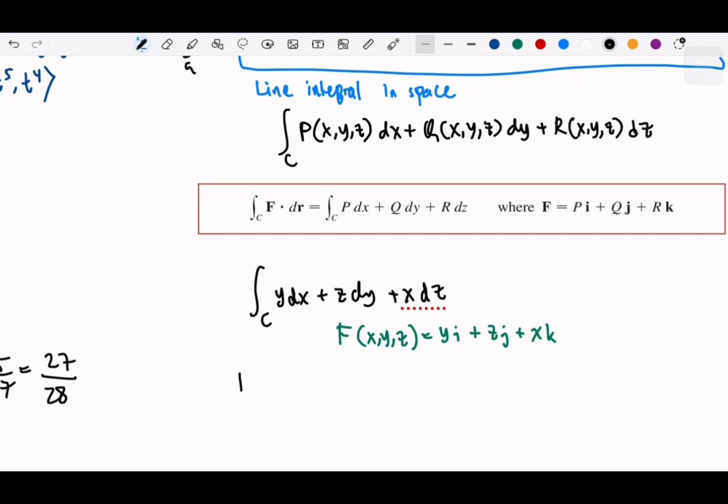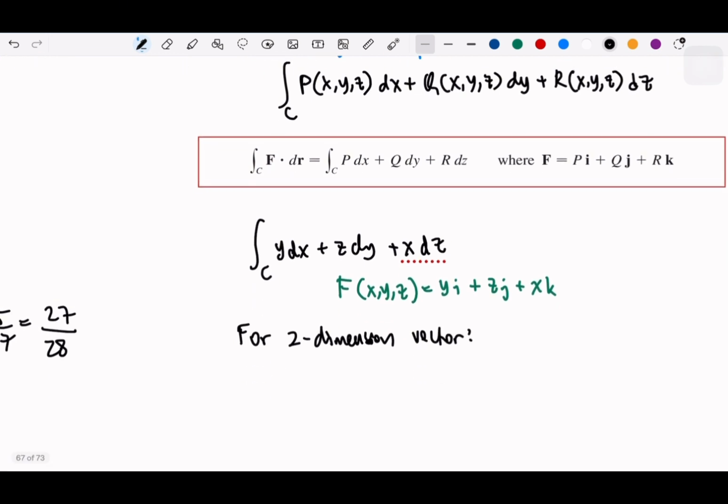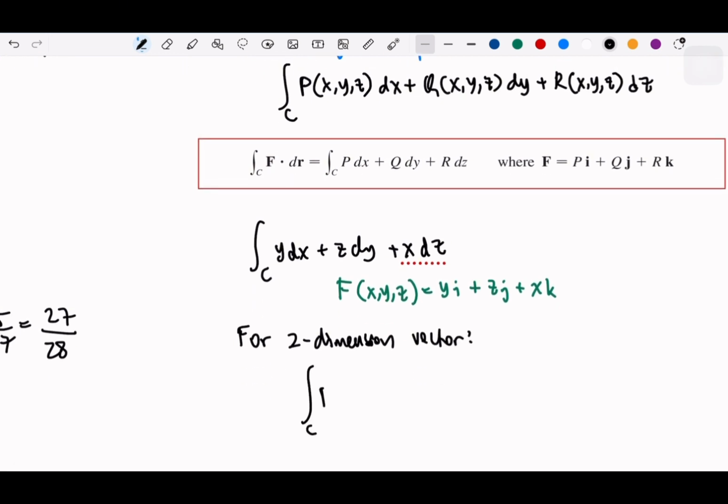And for two-dimension vectors, we can also write the F dot dr, but we are going to limit the axes to only x and y.